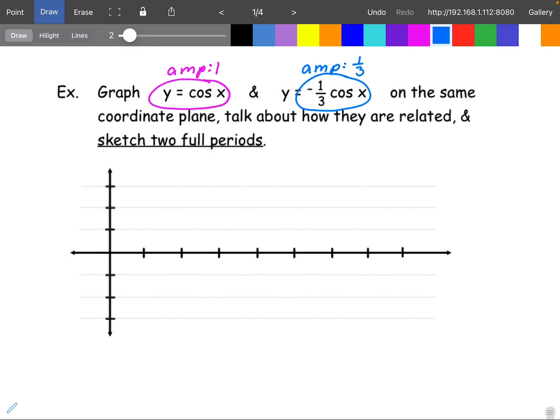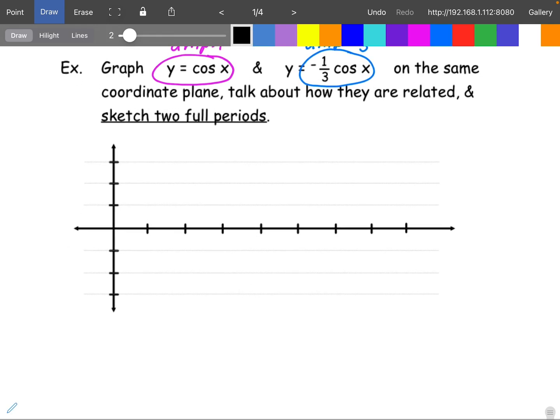So our original has an amplitude of 1, and our new one has an amplitude of 1/3. Not -1/3, just 1/3. Now, most of us are tempted, when we label our graph, to say, okay, 1, 2, 3, -1, -2, -3. However, because I know that this thing has an amplitude of 1/3, that means the total height is going to be 2/3. And I don't want to have to try to shrink my graph down in this tiny little space.